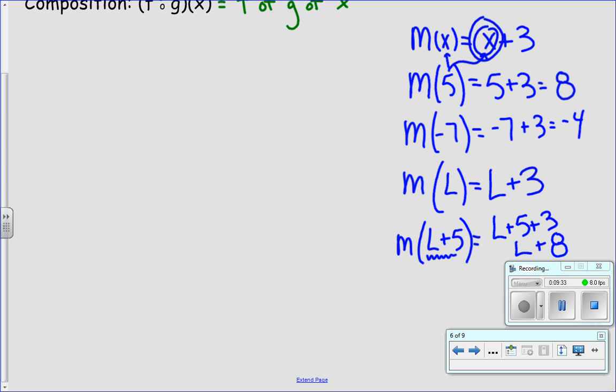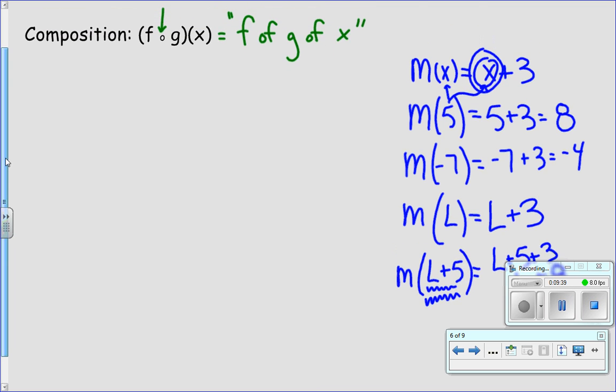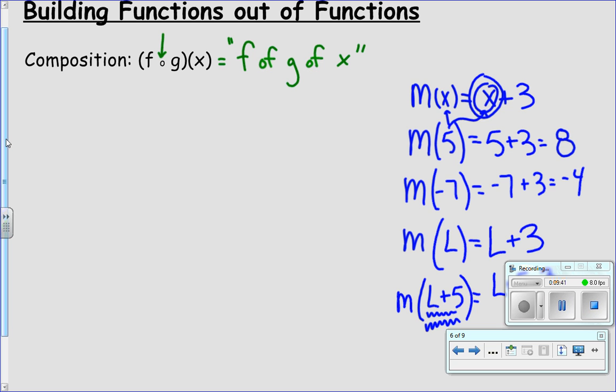This right here is where everybody loses it when we do compositions. I don't know why, because they freak out because it's not just the number we put in. Because when I do f of g of x, that's just a fancy way of saying, take g of x, and whatever that function is, put that into f of x. So it's kind of like saying f of g of x that way.